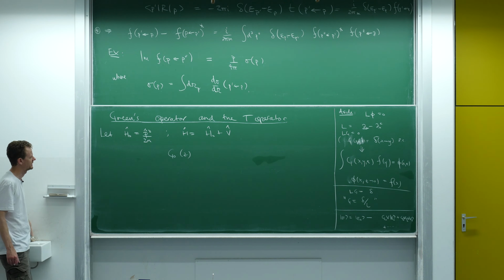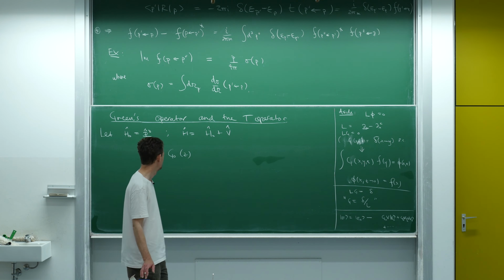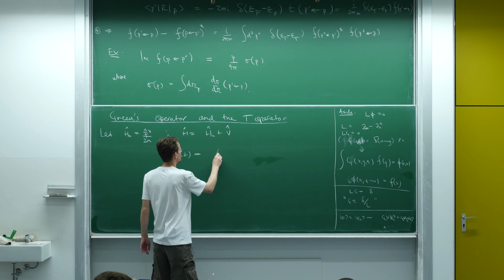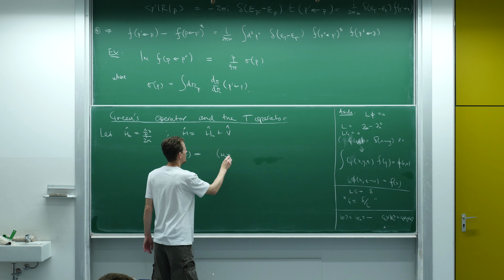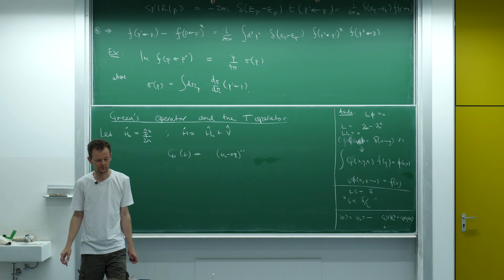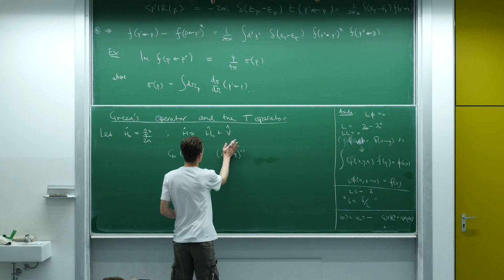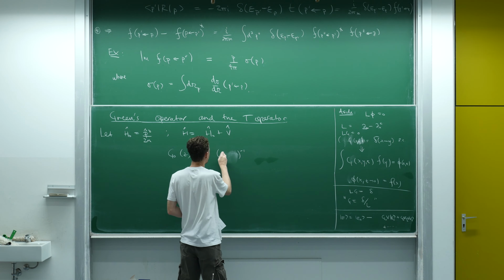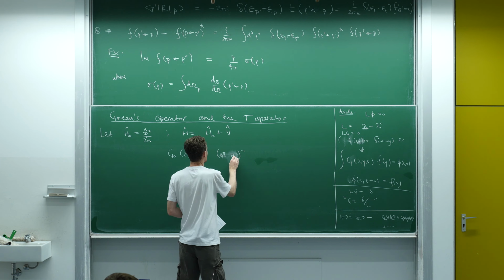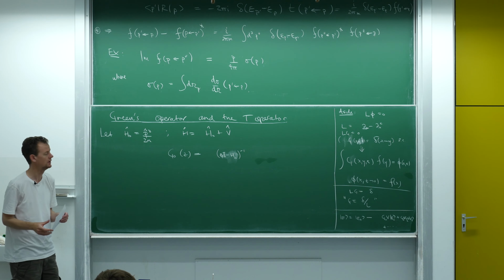They're not really a directly physically observable quantity. When I'm about to define this object, you'll see that this is not a Hermitian operator in general. I got it the other way around. Okay. Z minus H naught, to the inverse.